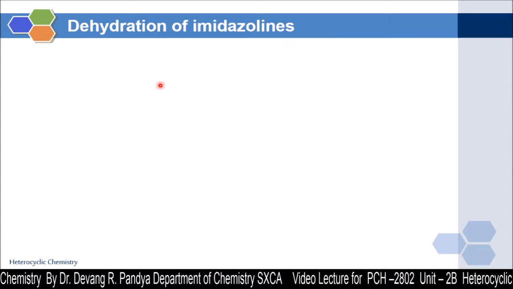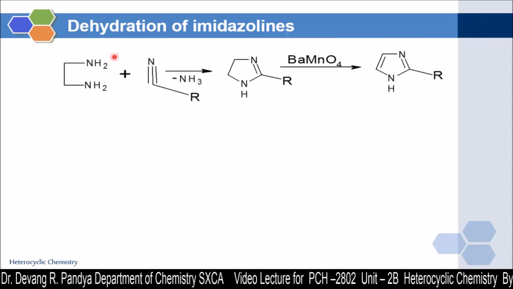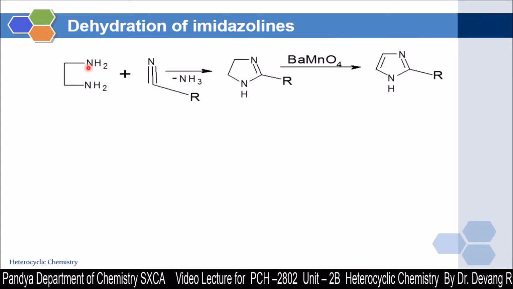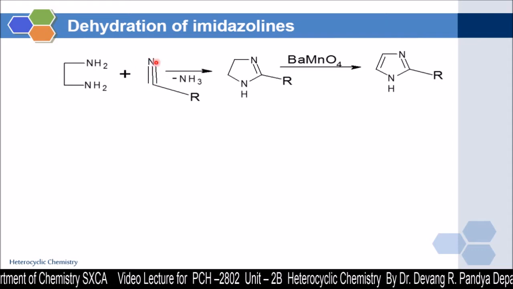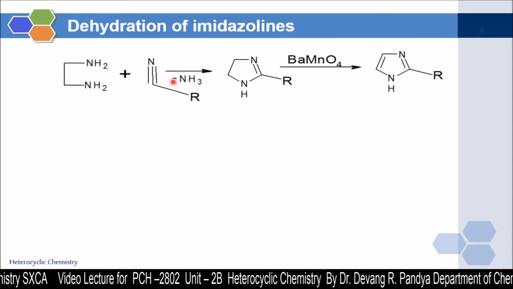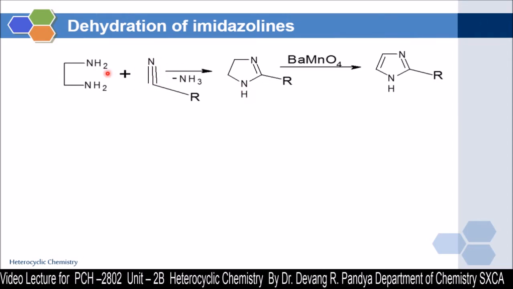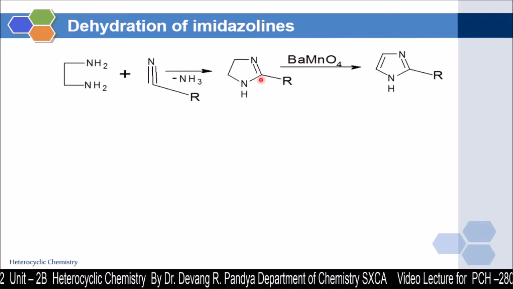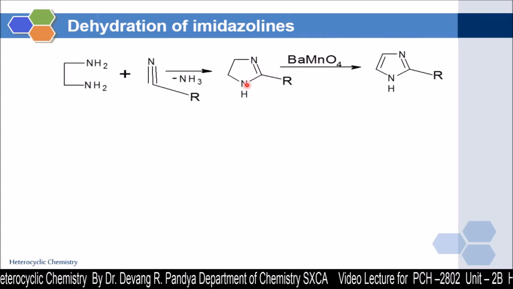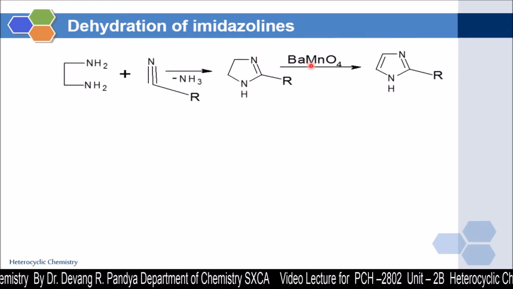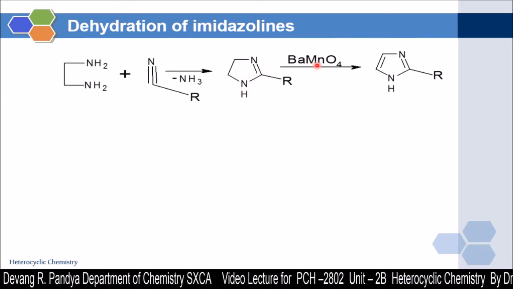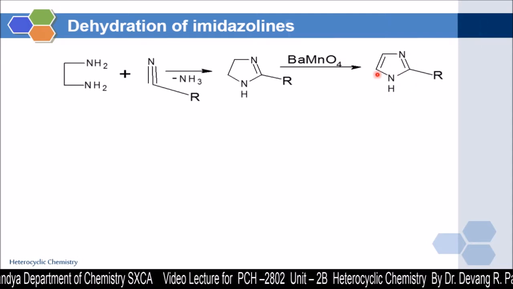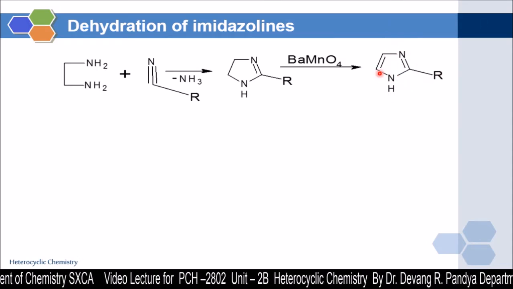Dehydrogenation of imidazoline. Here you can see this diamino compound treated with a tertiary amine undergoes cyclization to give the substituted imidazoline, which is treated with barium manganate to get the substituted imidazole.